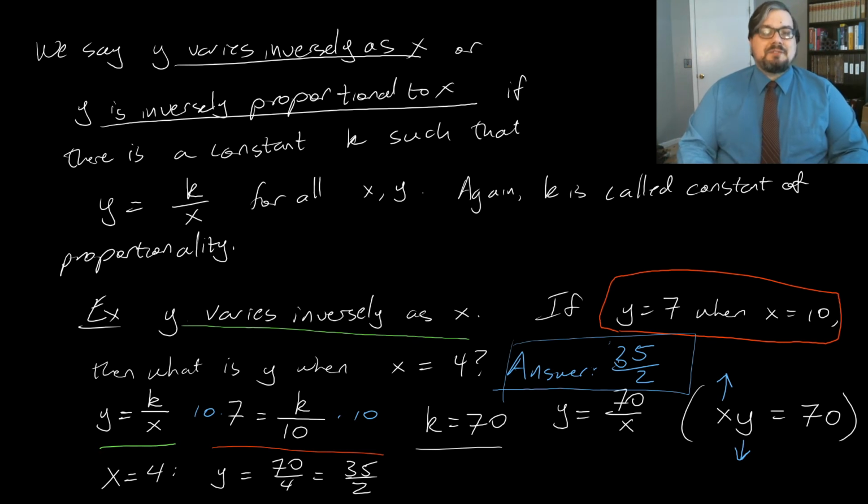We can also have situations where a quantity depends on more than one other quantity. And this is the sort of thing that we call joint variation or combined variation.